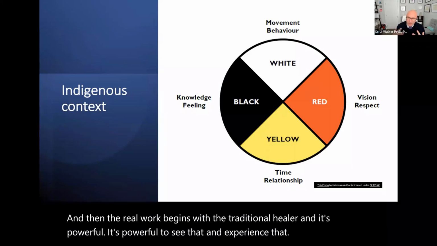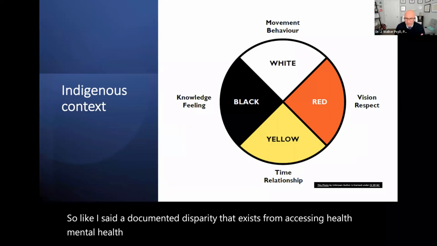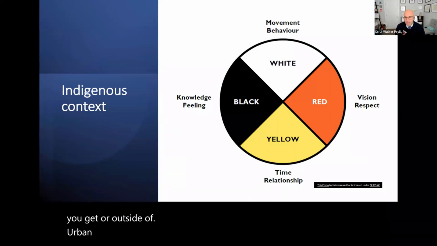So like I said, there is a documented disparity in accessing health and mental health services, and it's quite extreme, especially the more north you get or outside of urban population. And we've made progress in the last 20 years, absolutely.